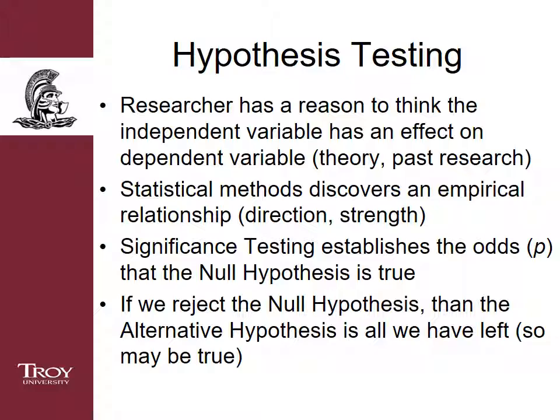Significance testing establishes the odds, or p, that the null hypothesis is true. That, hey, there's nothing going on. If we reject the null hypothesis, then the alternative hypothesis is all we have left, and therefore it may be true. At this point, you should see how tenuous that support is. It's support.